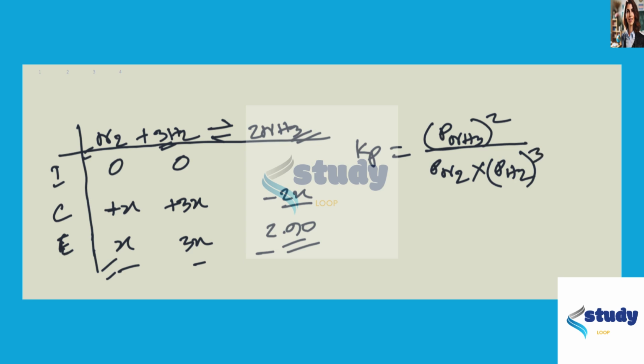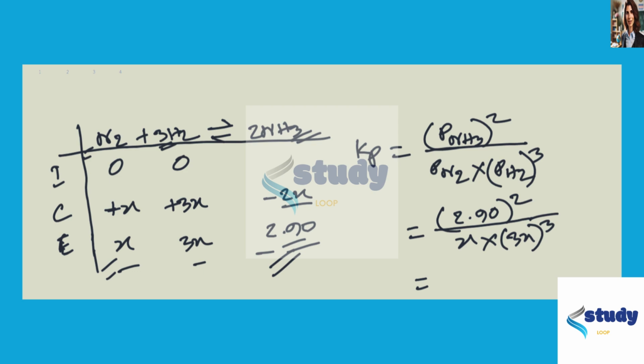The partial pressure of ammonia is 2.90, so we write 2.90 squared over x for nitrogen, and 3x for hydrogen, all cubed.